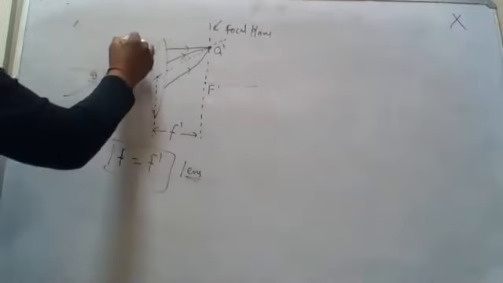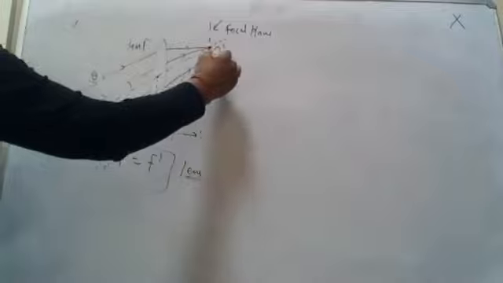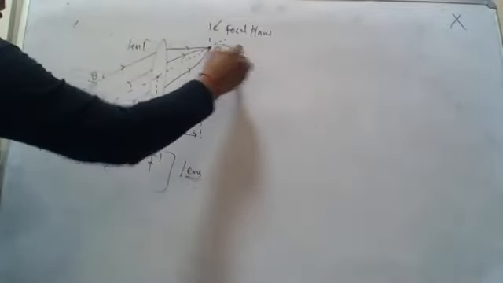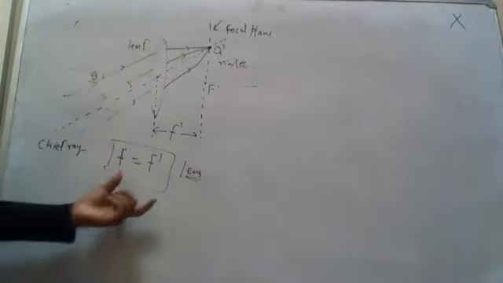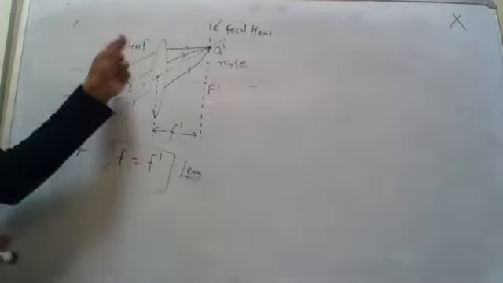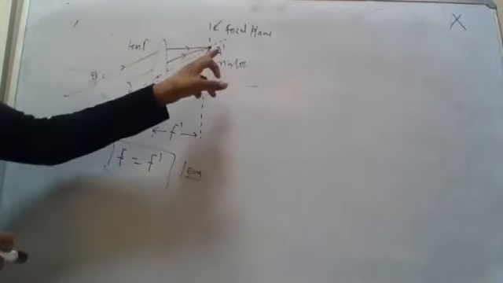Because on the left side and on the right side, both have air, the same refractive index. That's why F is equal to F prime in the case of lenses. But in the case of refracting surfaces, which we discussed earlier, it depends upon the refractive indices on the left and the right of the surface. So this is the basic difference between lenses and refracting surfaces.